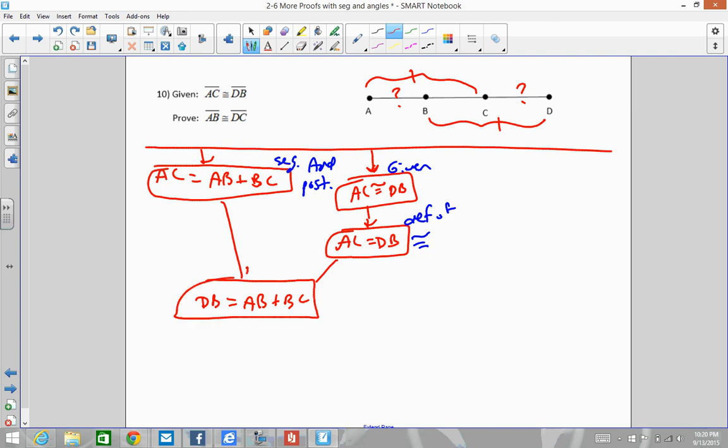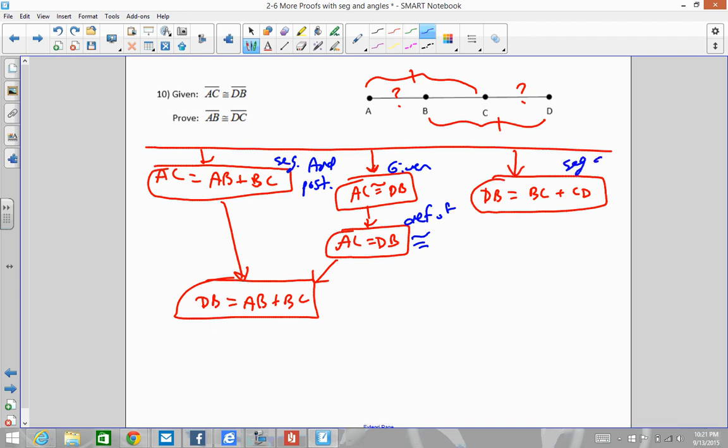Now again, if you're asking why is this important, well, I've just proven that segment DB is equal to AB plus BC. Well, let's look at the other one. Okay. We know that DB was equal to BC plus CD. We know that was true.